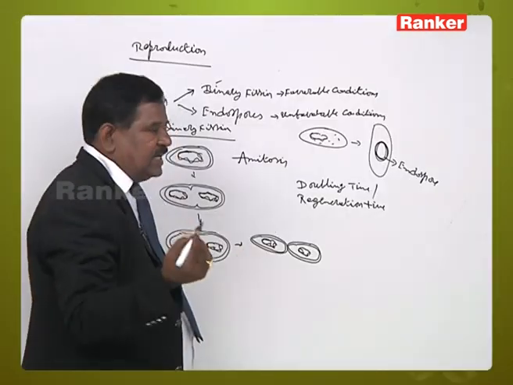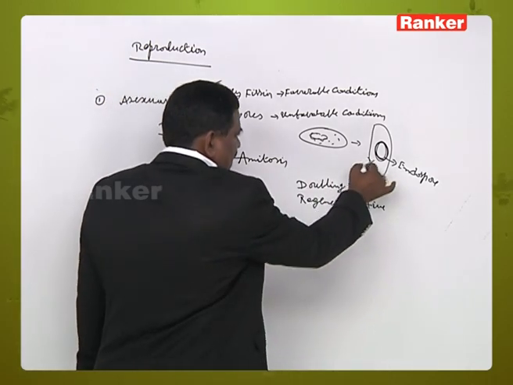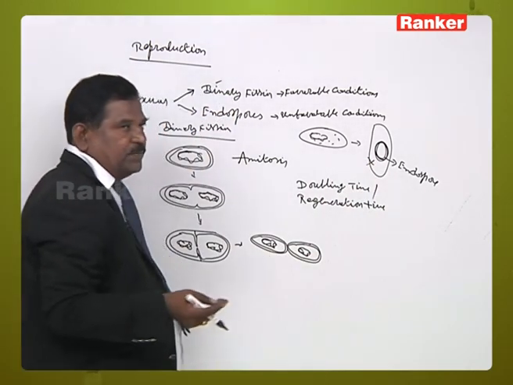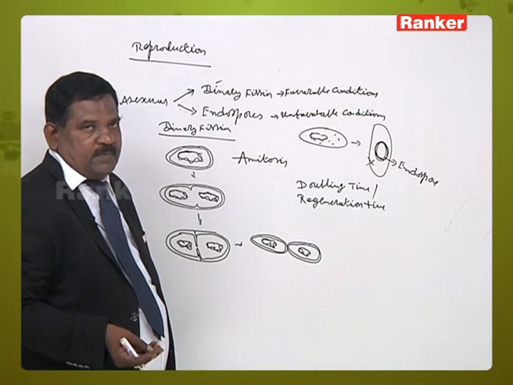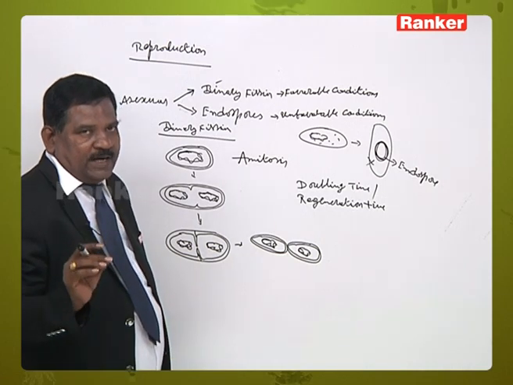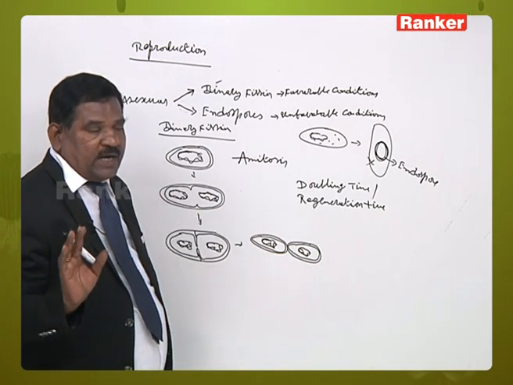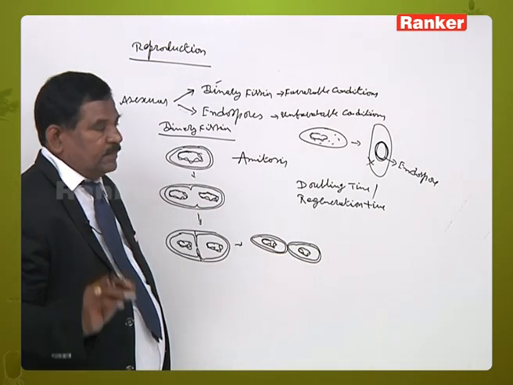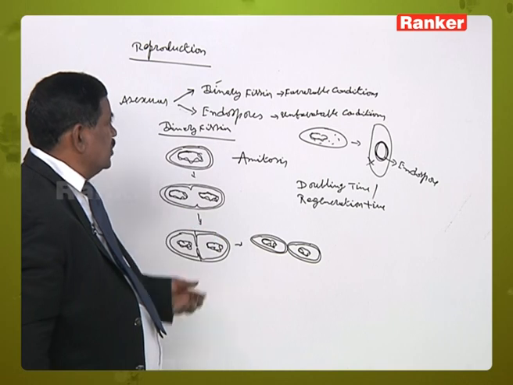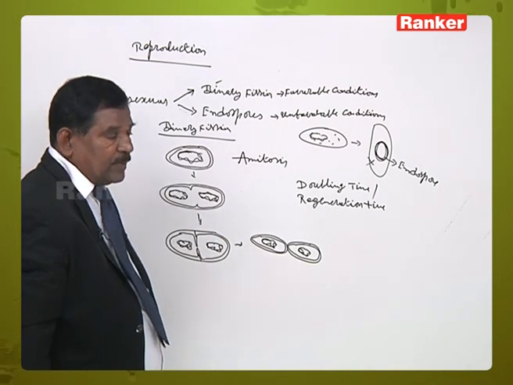When favorable conditions return, the cell wall ruptures, and the endospore on germination produces the new bacterium. One endospore, one bacterium. One endospore on germination produces one bacterium only. So we observe endospore formation in unfavorable conditions.